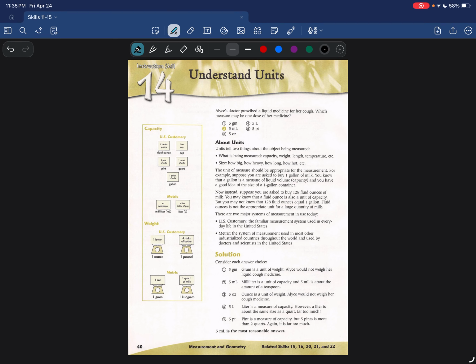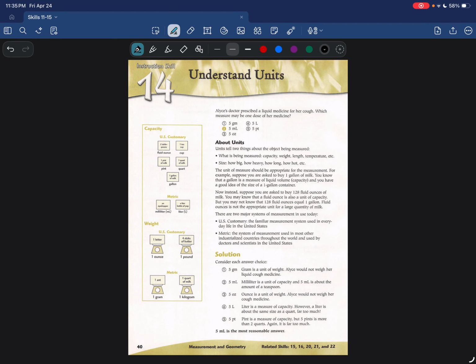Choose the appropriate measure for H. In this case, H is the height of this basketball player. So we have feet, meters, millimeters, centimeters, and kilometers. All of those are measures of height or distance, but let's break them down. 2 feet would be about 24 inches.